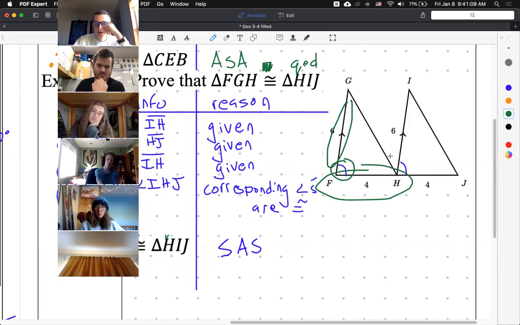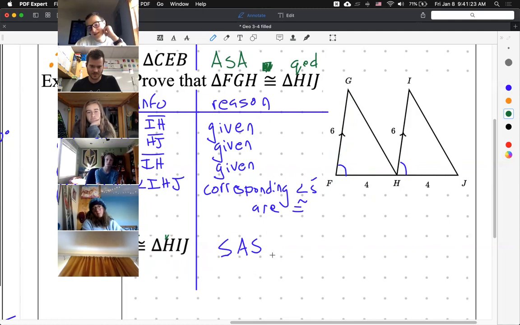You can't skip anything. So you go side, then an angle, then a side. They're all right next to each other, side-angle-side. Perfect. There it is. And we have officially proven it.